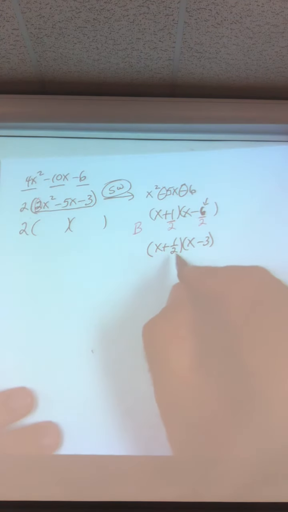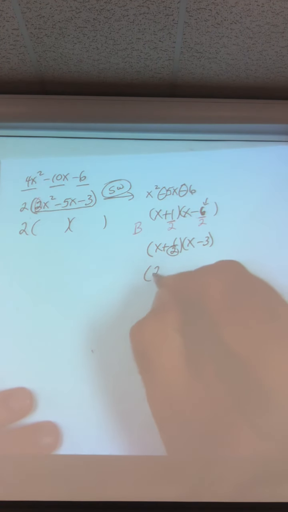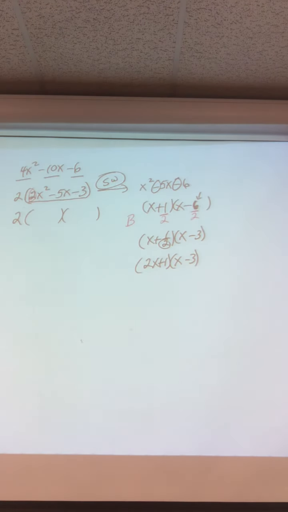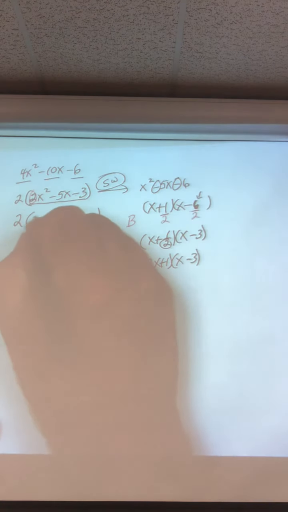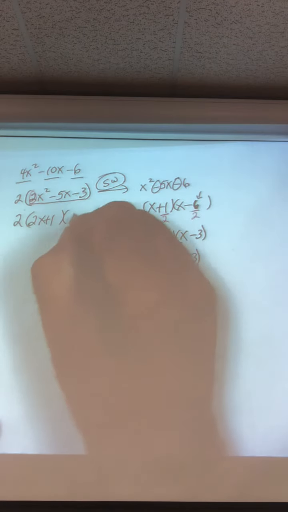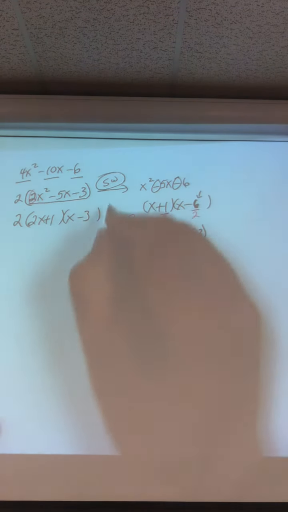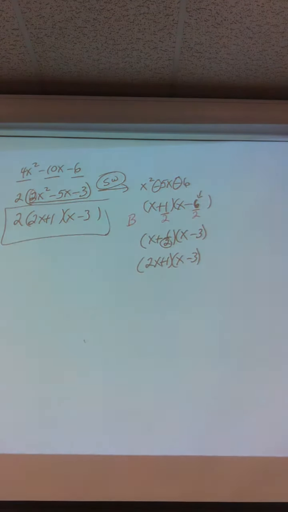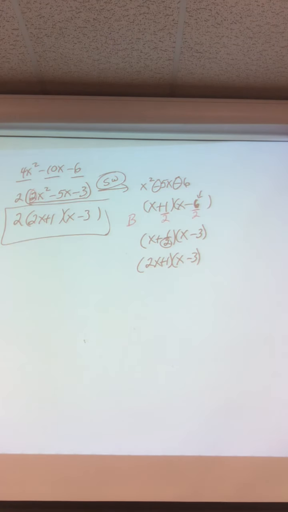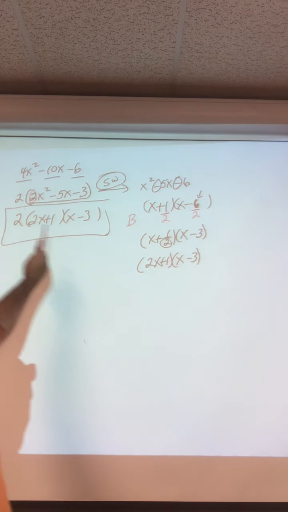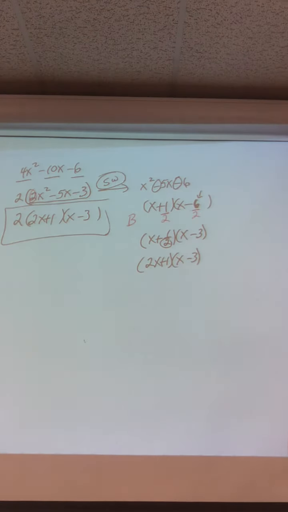And if you have a fraction, bring that number up. There's no fraction over here, so I'm just going to leave that x minus 3. So I've got 2x plus 1, x minus 3. That is what I bring back over here, and that is the completely factored version of the original problem.